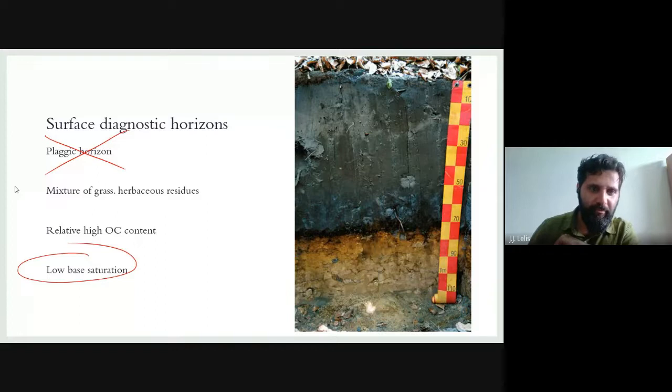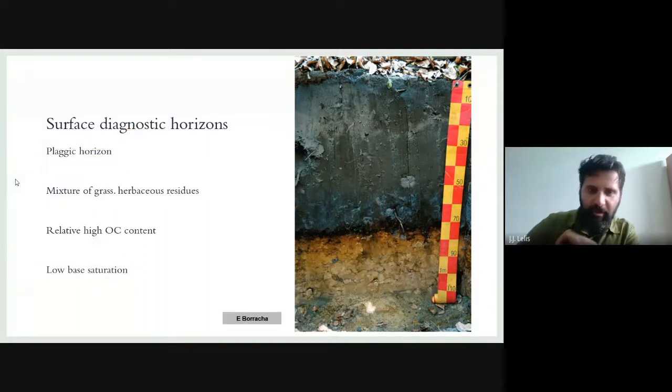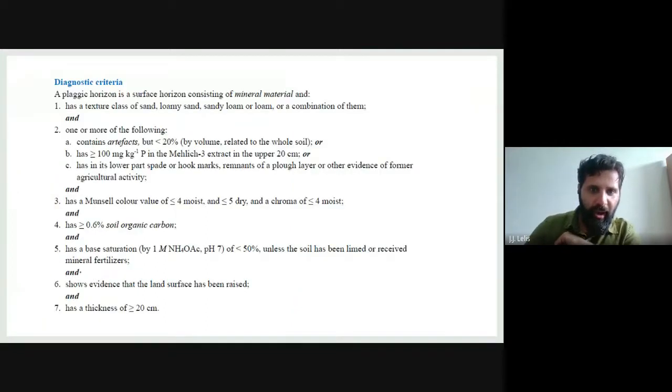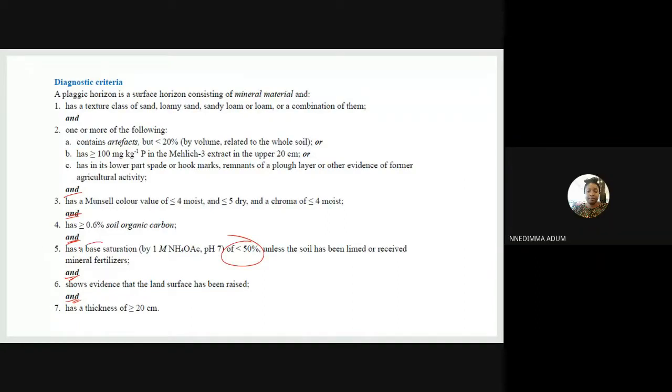Okay. So you just need to remember that you have to follow all these criteria, and in this case, we have to present a low base saturation. Okay, because I checked the pelagic also has a high content of phosphorus.